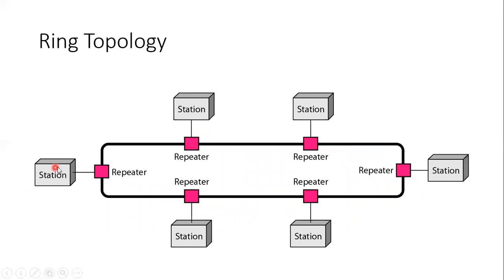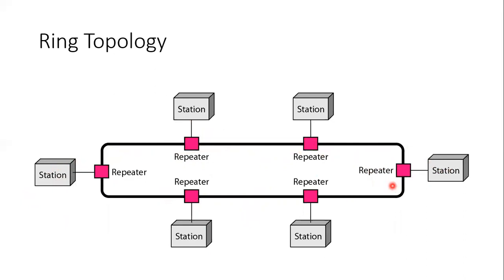A signal is passed along the ring in one direction, from device to device, until it reaches the destination. Suppose this station wants to communicate with this one, the signal travels from this, and finally it reaches its destination.